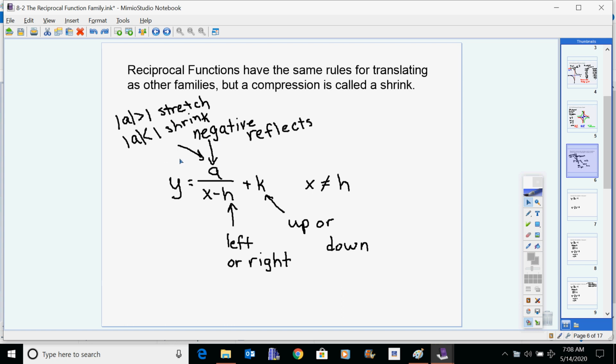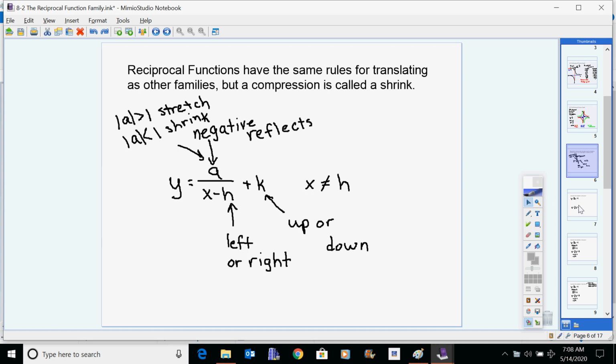You can use the word shrink or the word compression. Either one is fine. This h value takes us left or right, and the k value takes us up or down. And we have to remember also that x is not allowed to equal h because that'll give us a 0 in our denominator. So we've got to watch out for that.